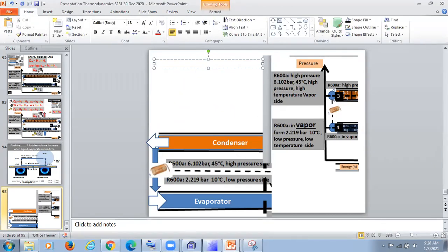High pressure transport turning into low pressure. That is one thing. And here, the high pressure, the saturation, and you can see high temperature as well.